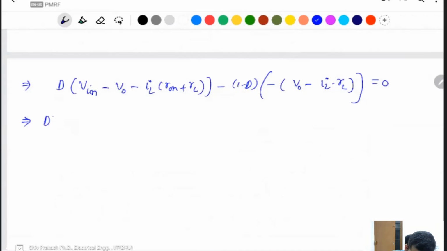So D Vin minus D Vo minus D IL into (R on plus RL), minus of (1 minus D), it means this minus will become the positive Vo, minus IL into RL and multiplied by 1.